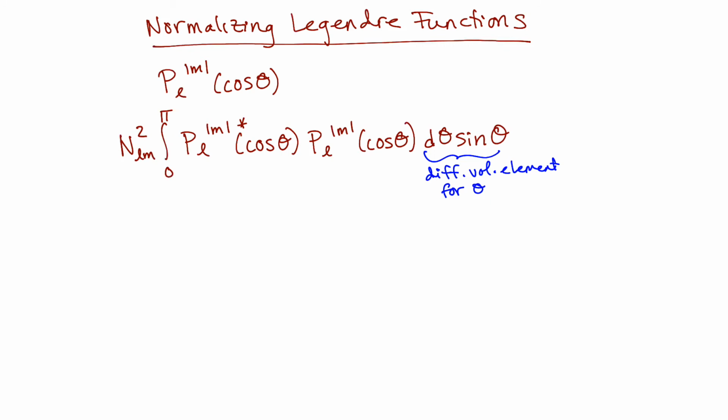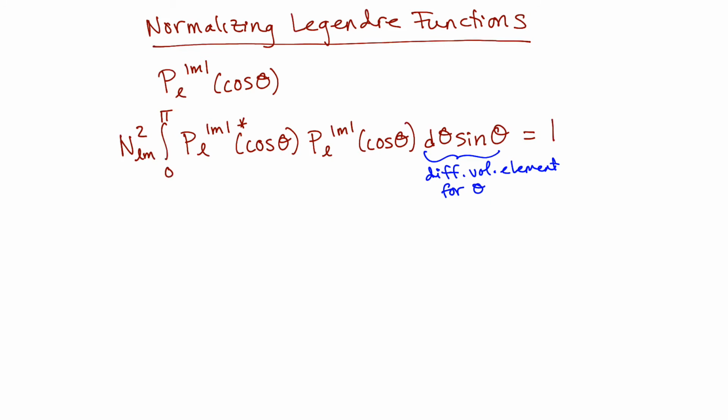This is our full setup of our normalization condition. We want this to equal 1 in order to determine our normalization constant.